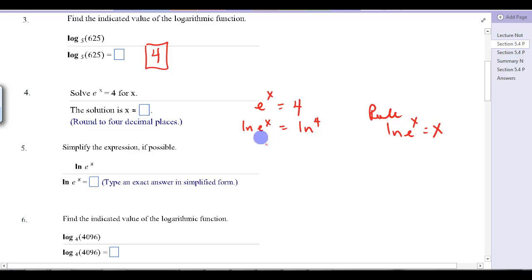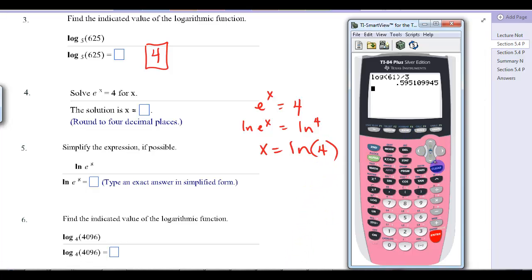So over here we have x equals ln 4. We're going to do that on the calculator. ln 4 and enter. It says round to 4 decimal places, so 1.3863.